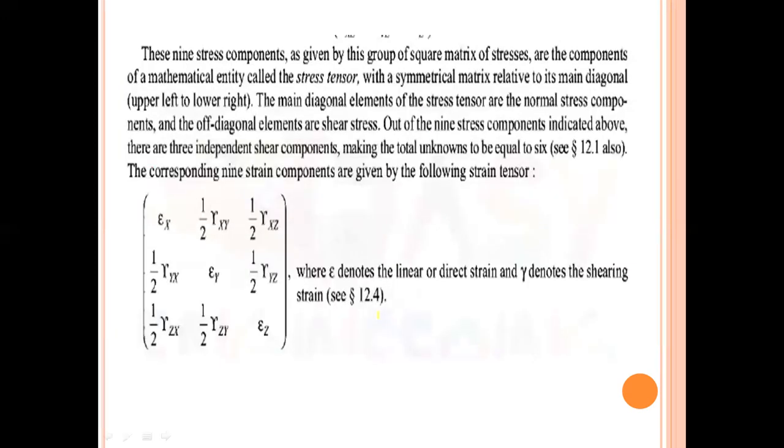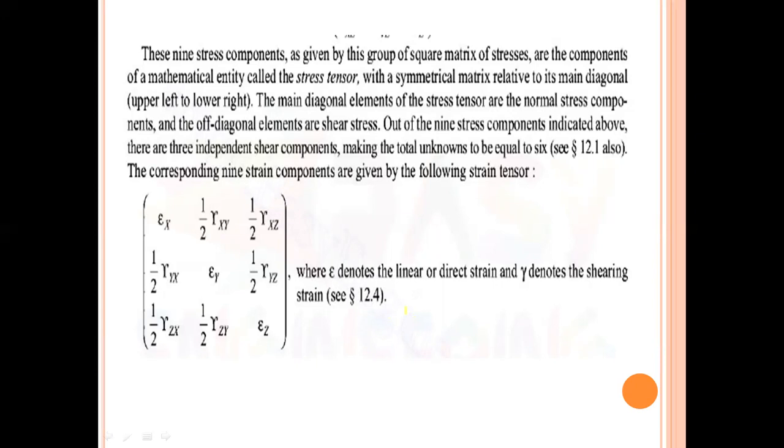These 9 stress components, as given, form a square matrix which mathematically is called the stress tensor, with a symmetrical matrix relative to its main diagonal from upper left to lower right.